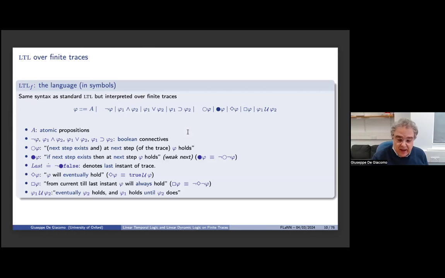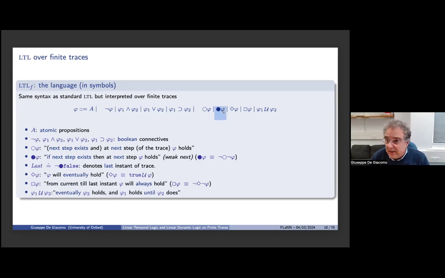It is LTL, essentially exactly the same syntax, except that you are interpreting things on finite traces, and so you don't have the fact that there always exists a next instance. Okay, the trivial part that there is always a next instance fails, because at the last moment there will not exist a next instance.